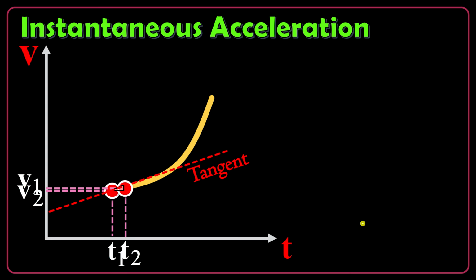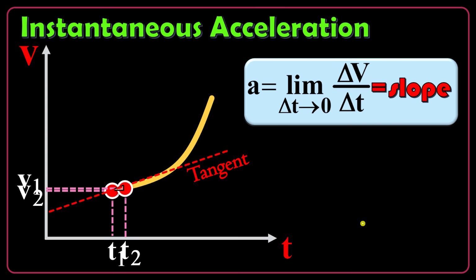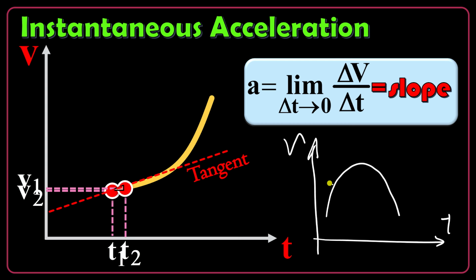The slope of this tangent line indicates the instantaneous acceleration. So in general, instantaneous acceleration is the slope of the VT graph. For a VT graph like this, sometimes it could be like that. At this point, the tangent line has a positive slope, so here acceleration, meaning instantaneous acceleration, is positive.